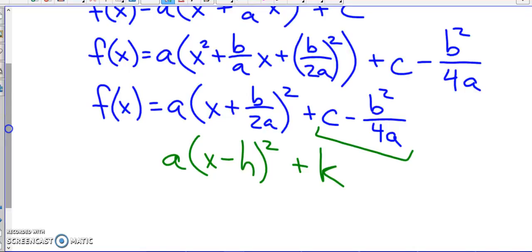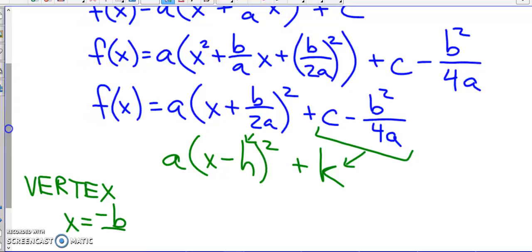So this piece right here is k, and this piece right here is h. So that means that the x-coordinate of the vertex is negative b over 2a. Useful little formula.